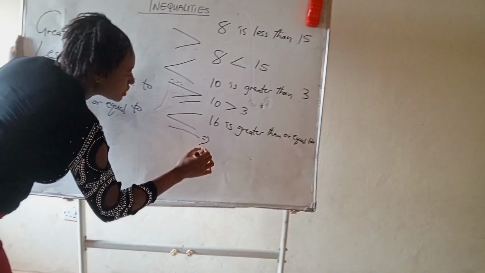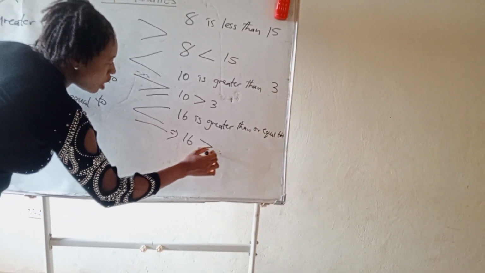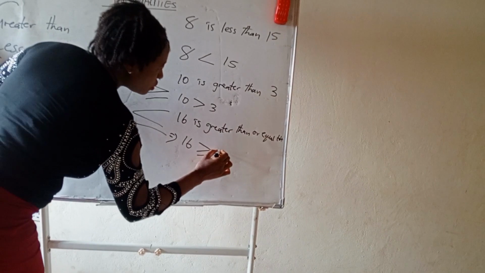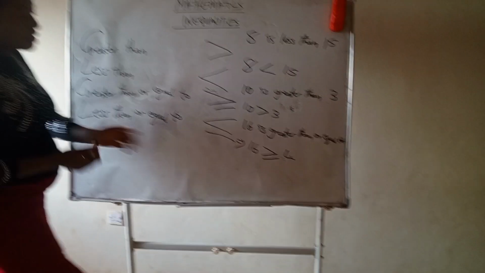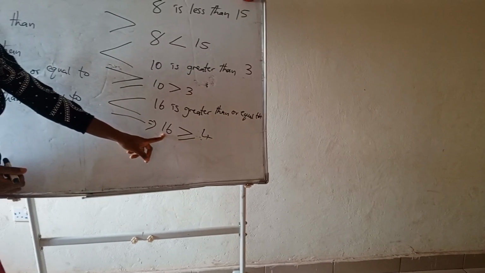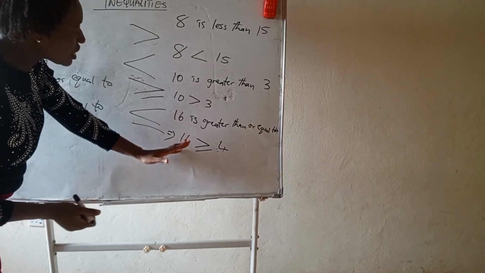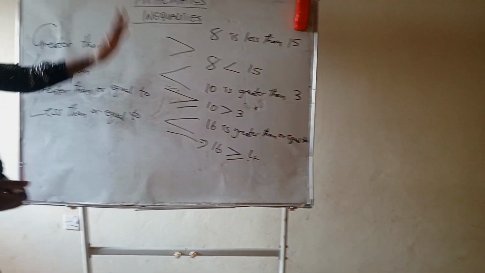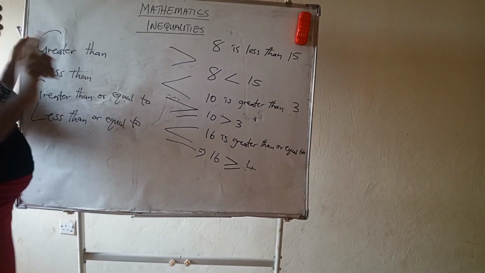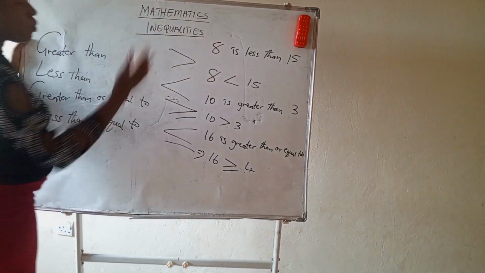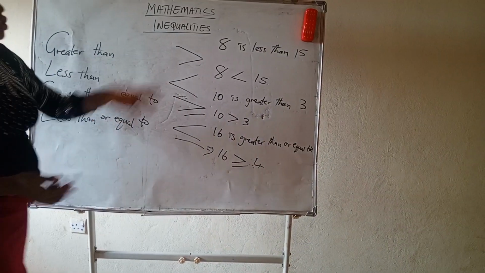So we have 16 is greater than or equal to 4. So you still find out that the 16, which is the highest number, is at the open arm. So this is just the simple secret of inequality. If you are able to remember that the biggest number is always at the open arm, whether you are using less than or greater than, you'll be able to represent.